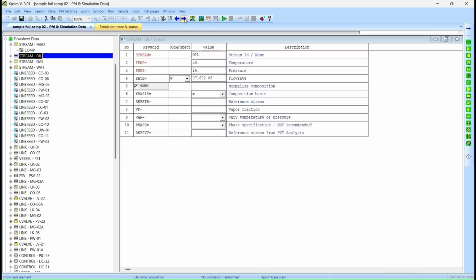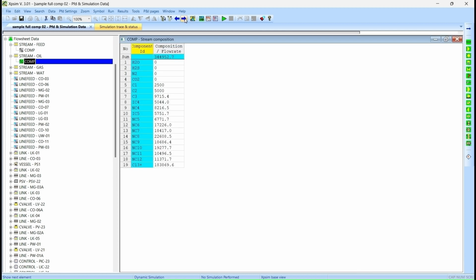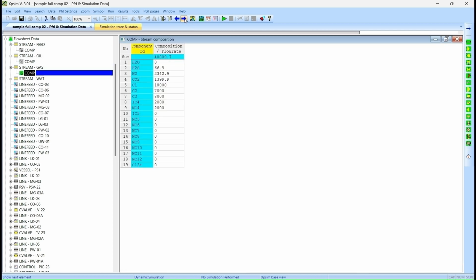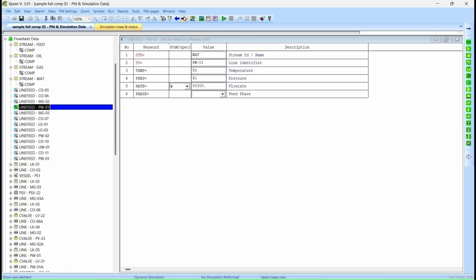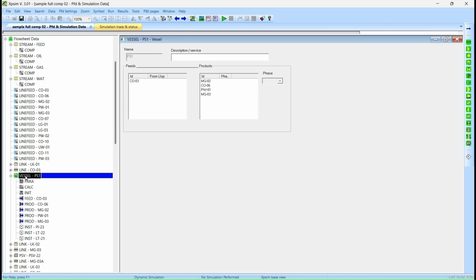Four stream compositions are defined for line initialization. Let's have a look at the input statements for the main equipment.